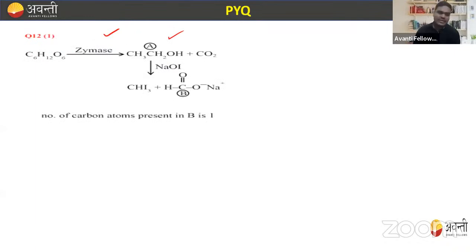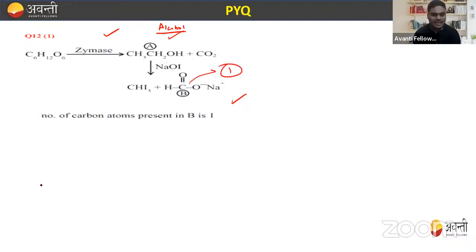So when we treat glucose with zymase, what is formed? That is alcohol plus CO2. Now when this alcohol is treated with NaOI, then the formation of iodoform and HCOONa takes place, that is the sodium salt of formic acid, right? Now you have to calculate the number of carbon atoms present in B. So in B, how many carbon atoms are present? Only one, right?